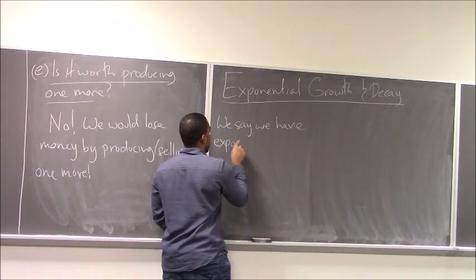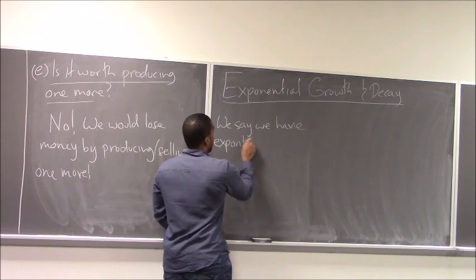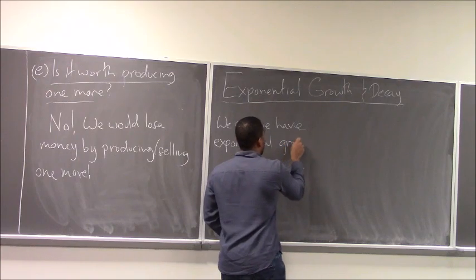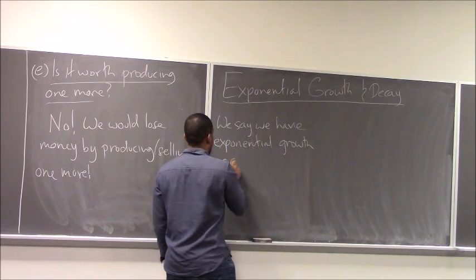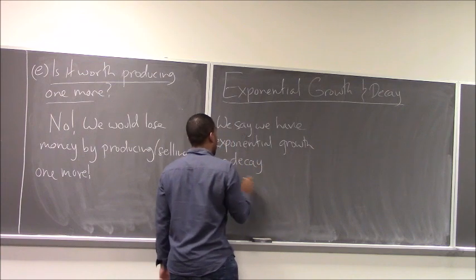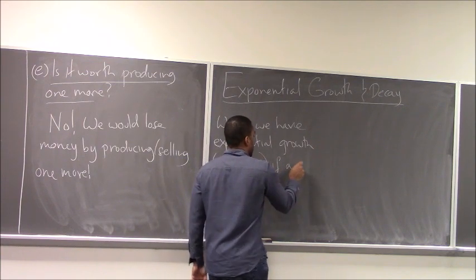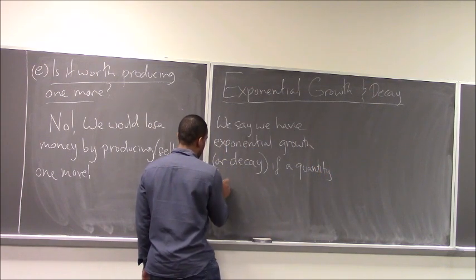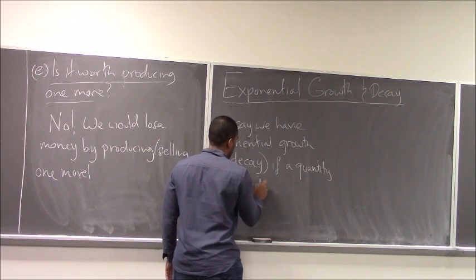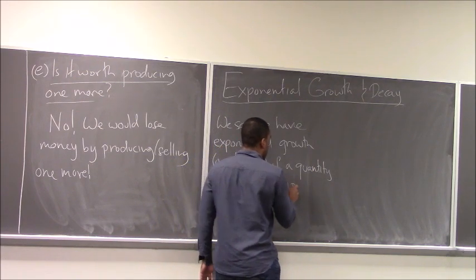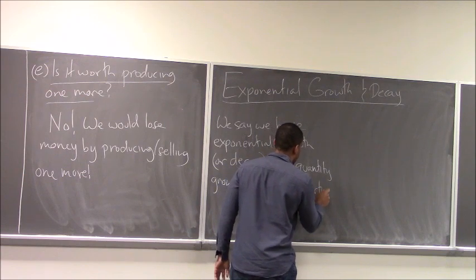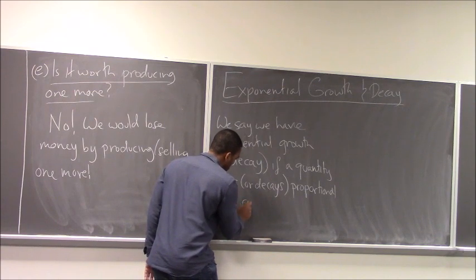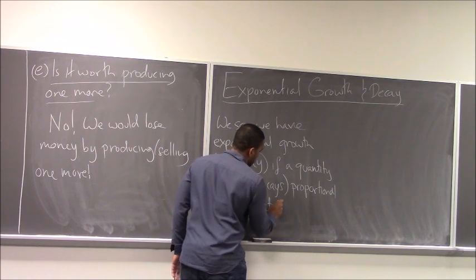So that first equation in each of those boxes is pretty much the definition. We say we have exponential growth or decay if a quantity grows or decays proportional to its current size.